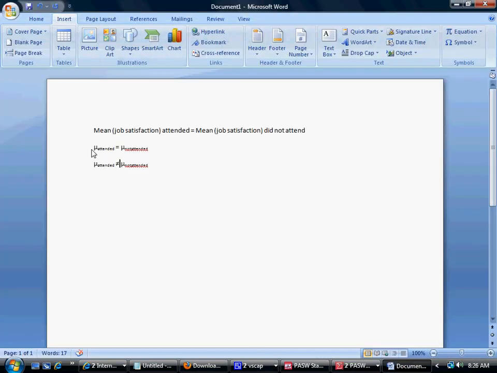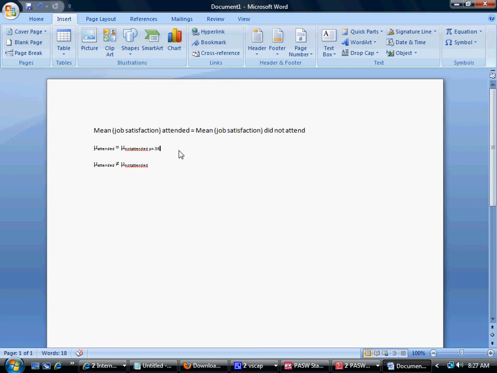Remember, our null is that the two groups are equal. We found out the probability of this being true is 0.36. That's a pretty high probability, so we can't reject that. I know that gets confusing. Let me try to say it one more time. The t-test is testing how likely it is that these two means are equal. We found out the probability that they're equal is 0.36.